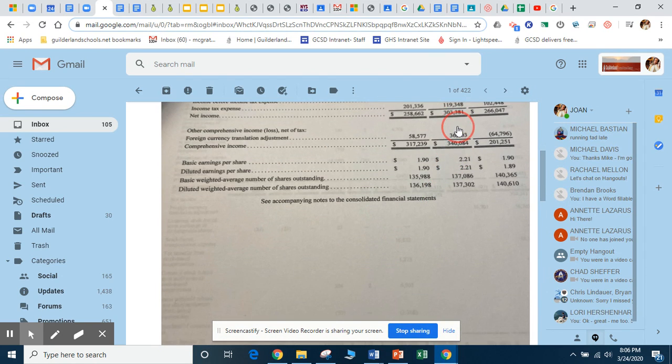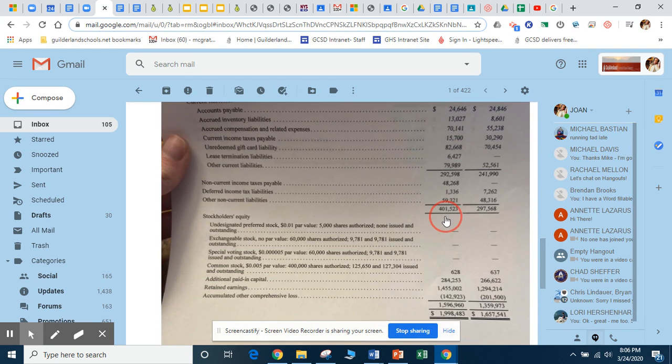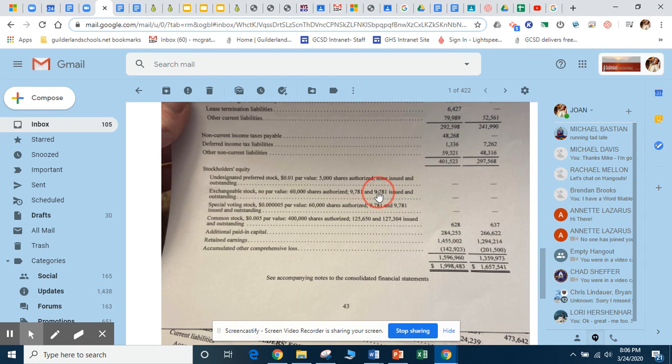Then for the previous year, the 303,381,000 is going to be my numerator, and my denominator is going to be the 9,781,000 plus the 127,304,000 here.